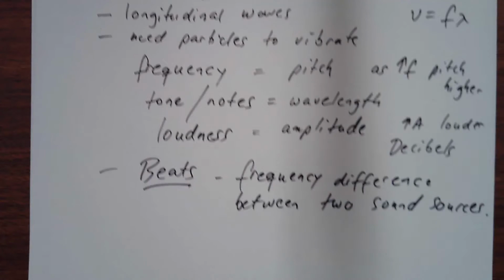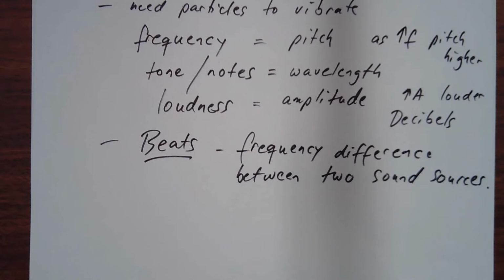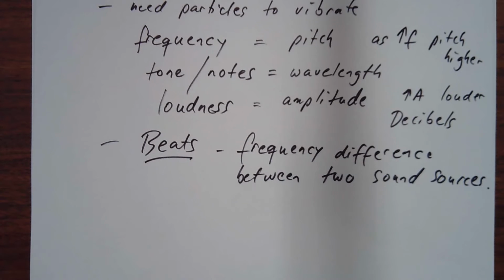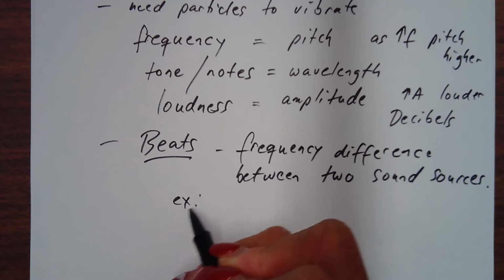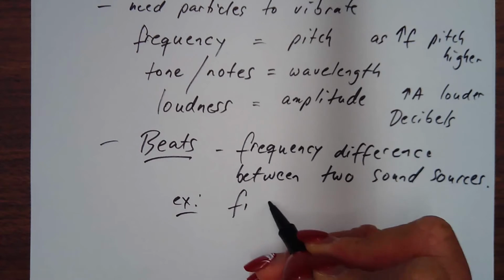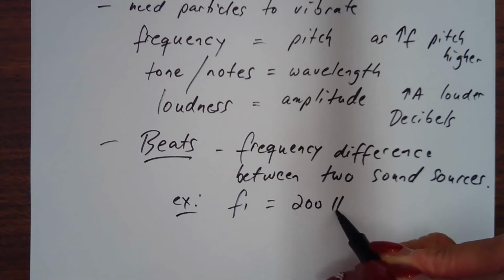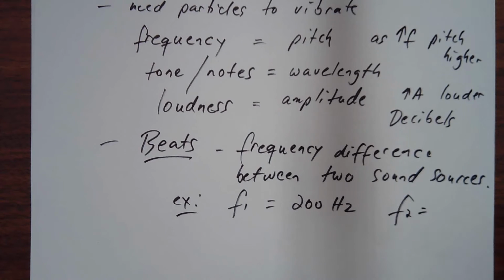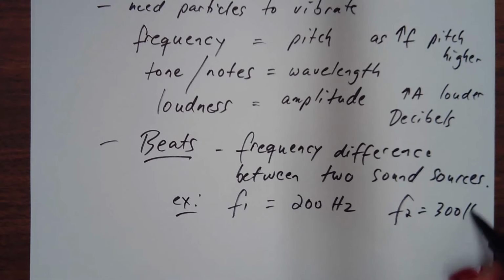It can have more than two, of course, right? So you can have many different sound sources coming to you, and the difference will be what we call beat. Here's an example. Let's say frequency 1 is 200 hertz, and frequency 2 is 300 hertz.